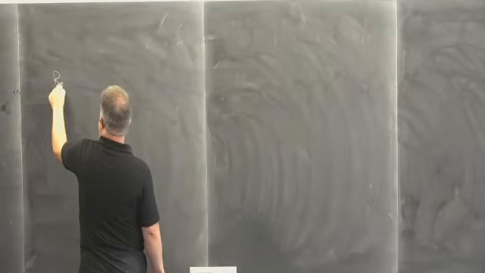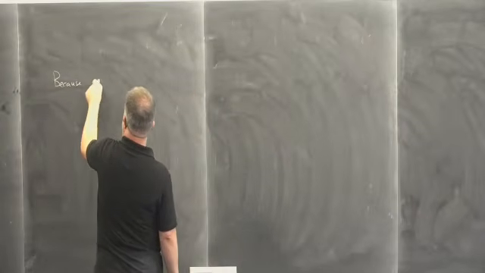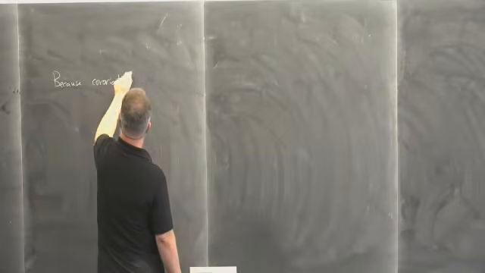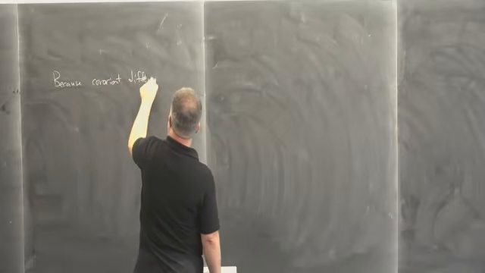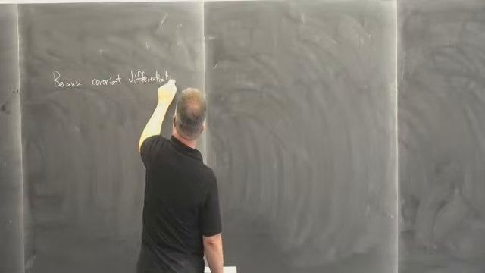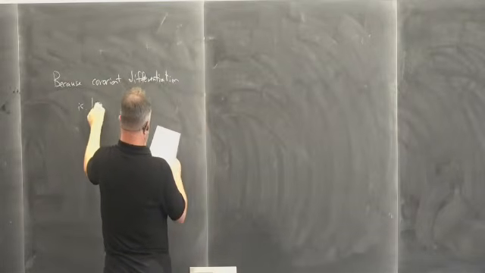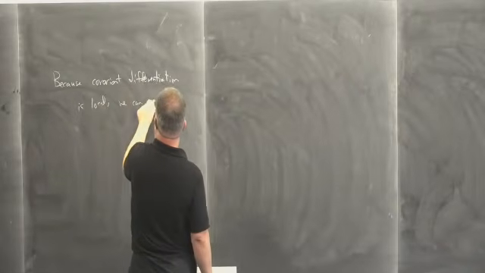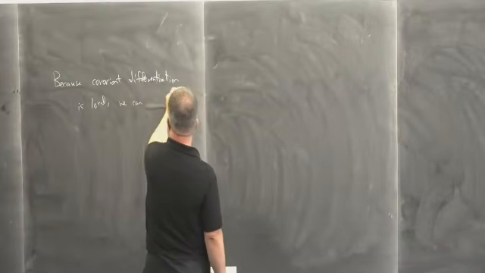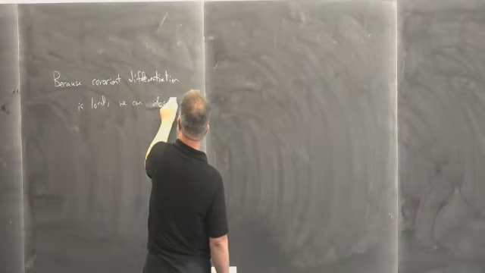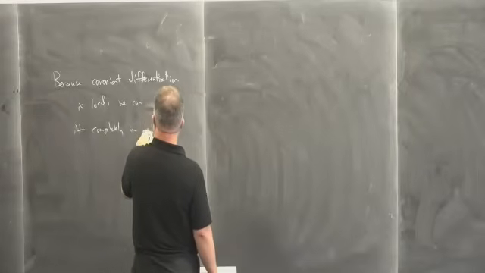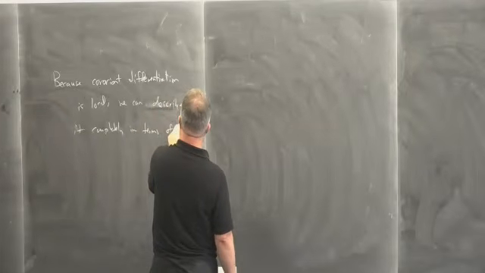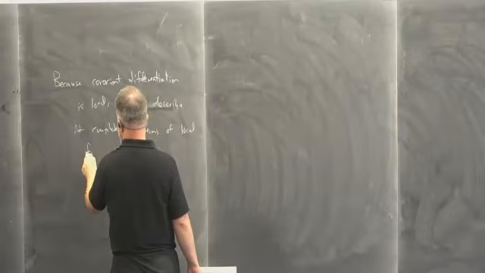So because covariant differentiation is local, we can characterize it, or let's say describe it completely in terms of local frame. So what do I mean by that?